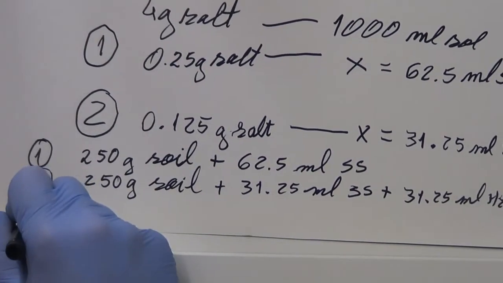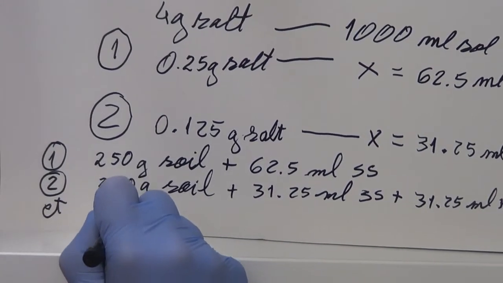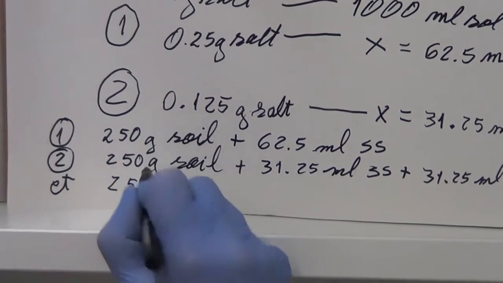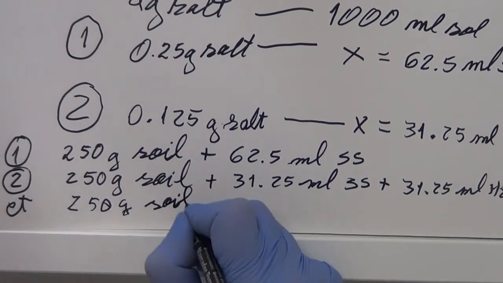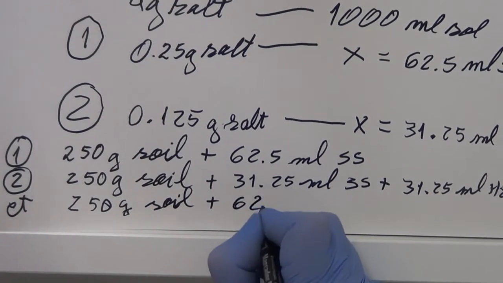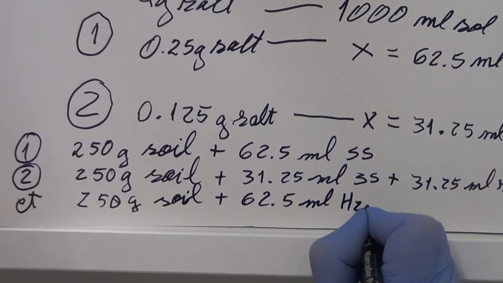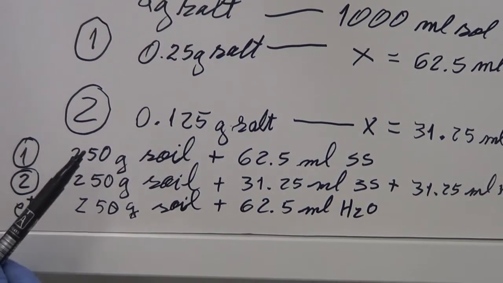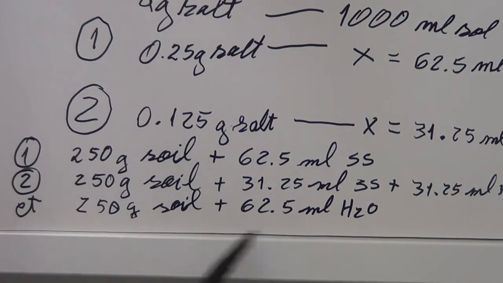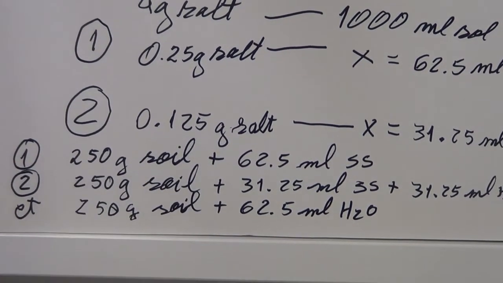And finally, in our control, we need 250 grams of soil plus 62.5 milliliters of water. This way, we will have our 3 treatments with the same moisture each and with different concentrations of salt in our 2 treatments of test soil.